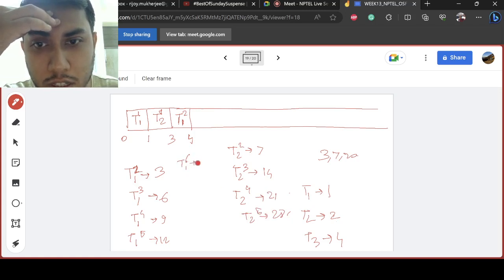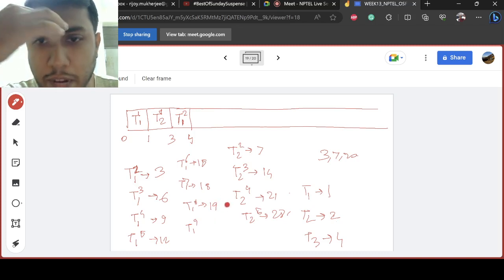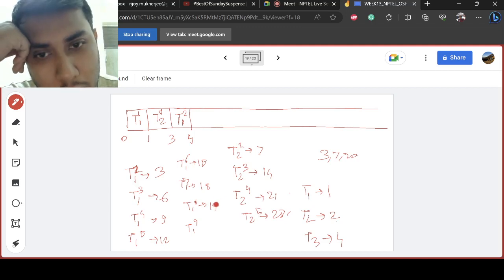T1 6 will come at 15. T1 7 will come at 18. T1 will come at 21. T1 will come at 24.